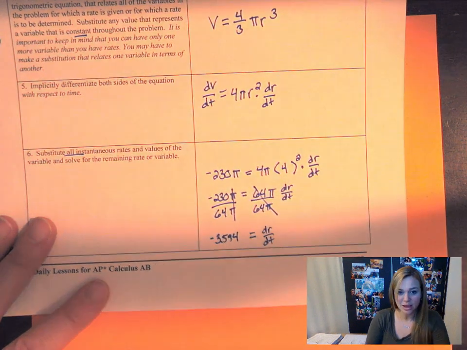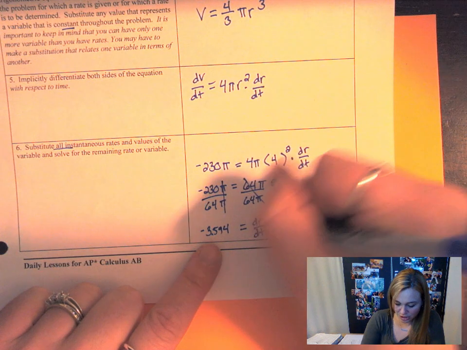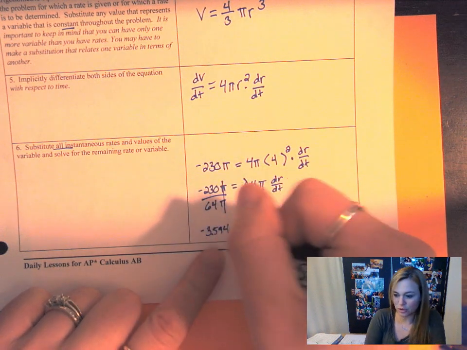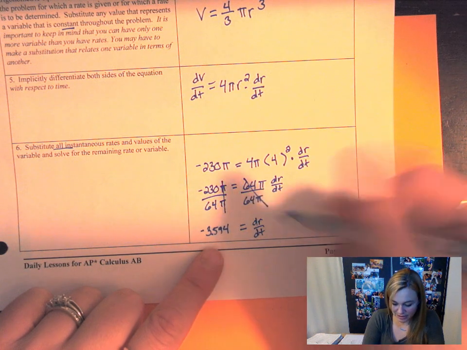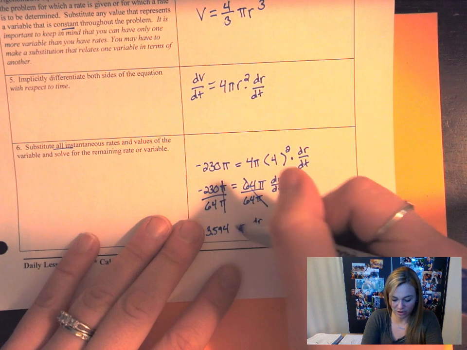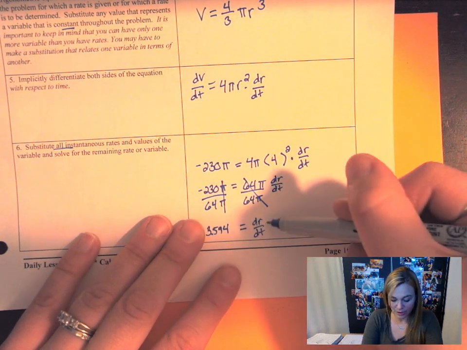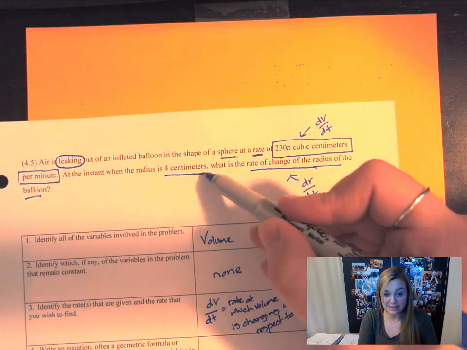I'm going to put the rate at which it's changing and make sure that it actually puts the units on here. So if I'm thinking about what the units are in this problem, dr/dt, I'm thinking what's happening in the numerator, what's happening in the denominator. I don't have a lot of room right now, but that's okay. The radius is changing. Radius was given in centimeters.